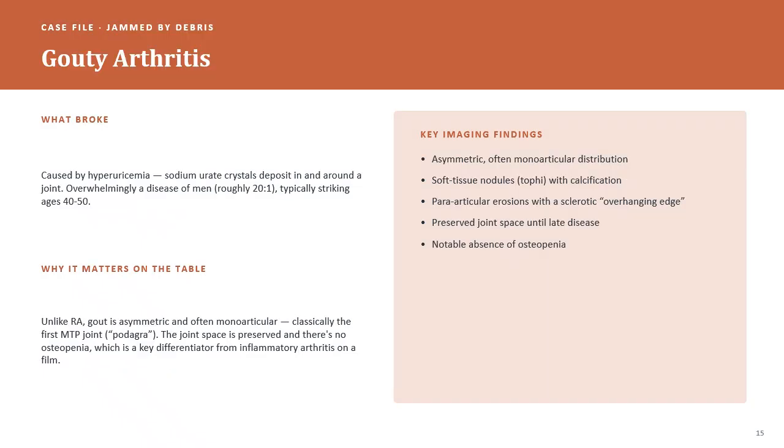All right, next is gouty arthritis. So gout, again, you may have heard of it in the past, is caused by deposition of the urate crystals that are in and around the joint. So it often can present for that patient as a sudden, very painful inflammatory attack.